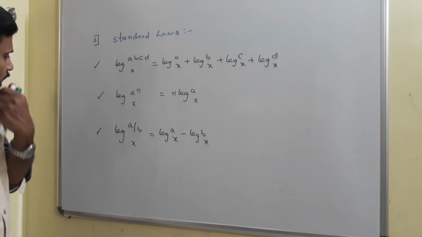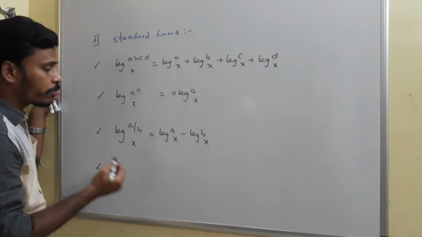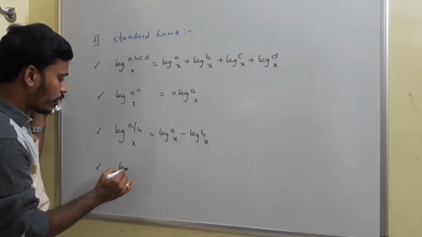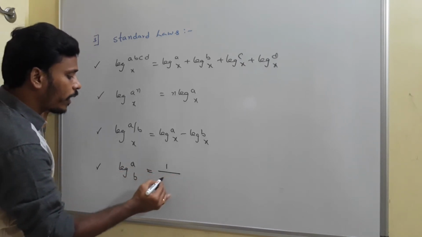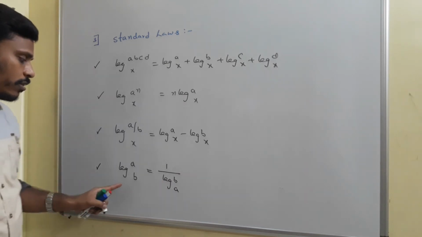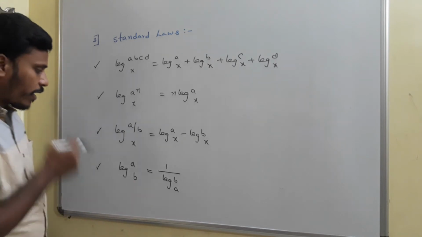And then we can extend, we can develop different laws of logarithms from the concepts of exponents again. Now for suppose one more law is logarithm of a base b is equal to 1 divided by logarithm of b base a. Just have a look about this. Before that we have another thing.